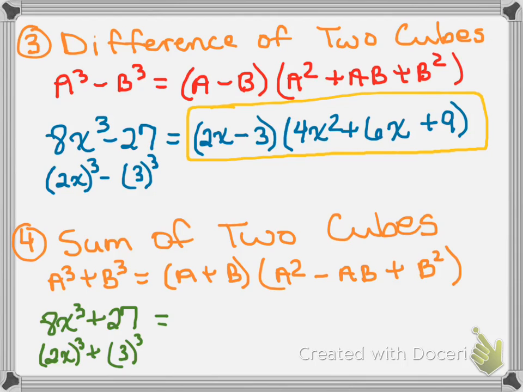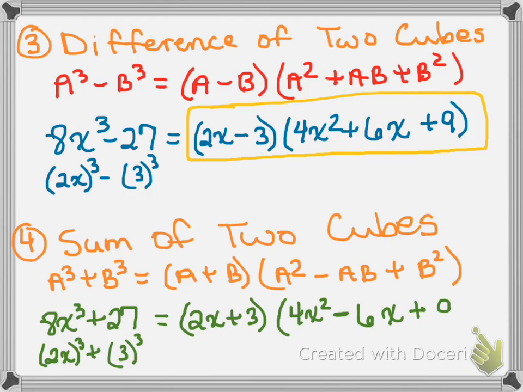When we go to factor it, it would be the a term plus the b term, or 2x plus 3. We would again need the a term squared, 2x times 2x, which is 4x squared. This time it would be minus a times b, so 2x times 3 would be 6x. And then at the end it's still plus b squared, or 3 squared, which would be 9.